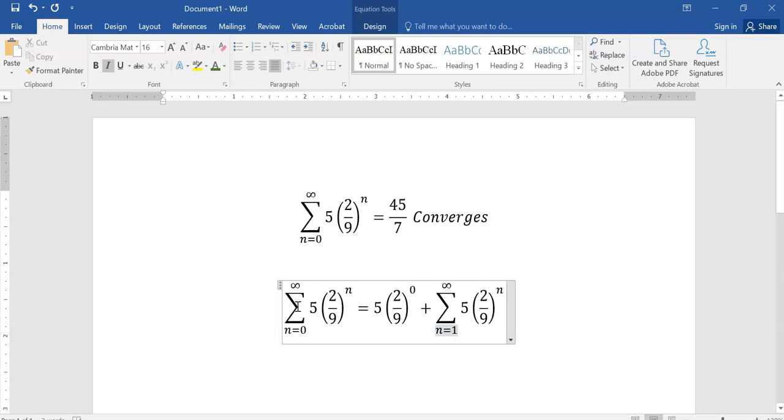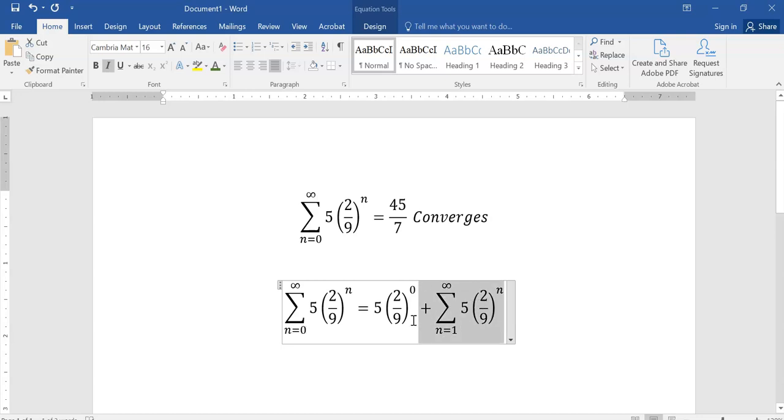So in other words, if I don't start my sum at 0, this sum is embedded inside of the summation from 0 to infinity. Now, by the way, 5 times 2 ninths to the 0th power is just 5.